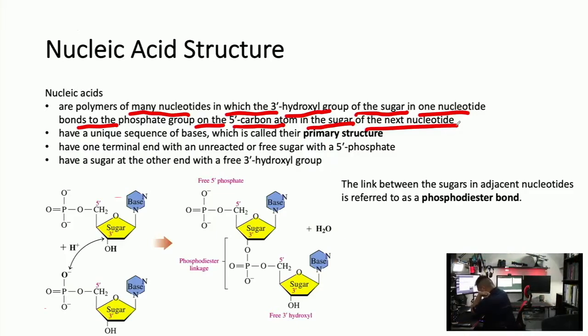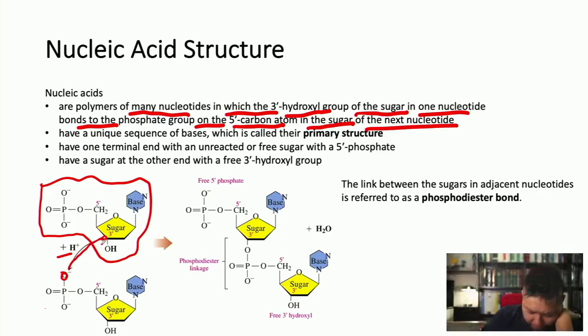So quite literally, you can have a nucleotide right here, right? And then in the presence of some acid, okay, the oxygen here can do a nucleophilic attack on that carbon, right?